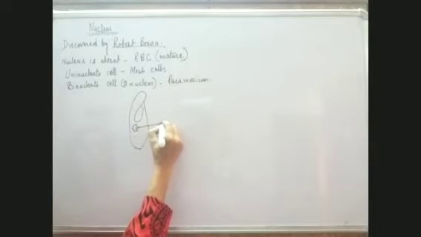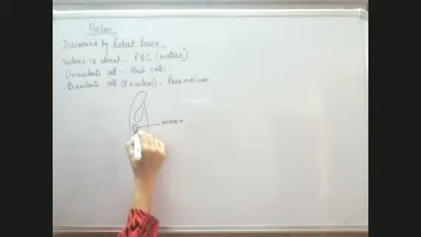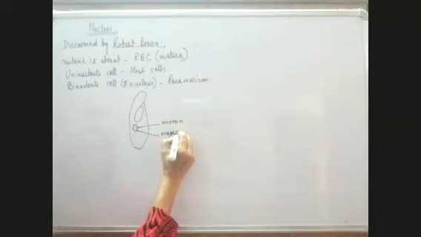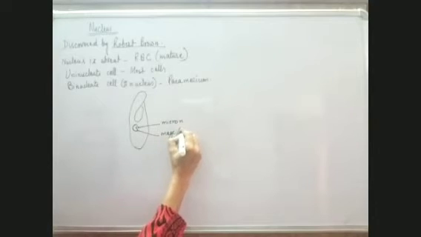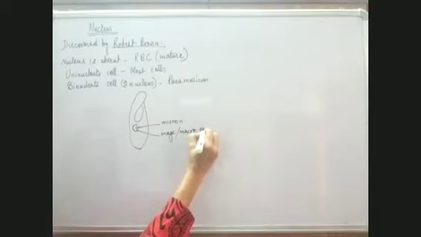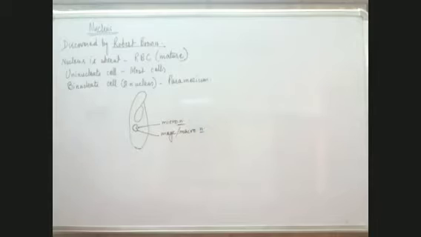The small one is the micronucleus and the large one is the meganucleus or macronucleus. So binucleate is paramecium.